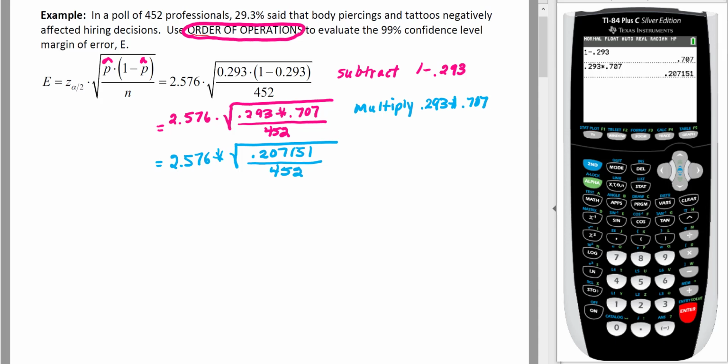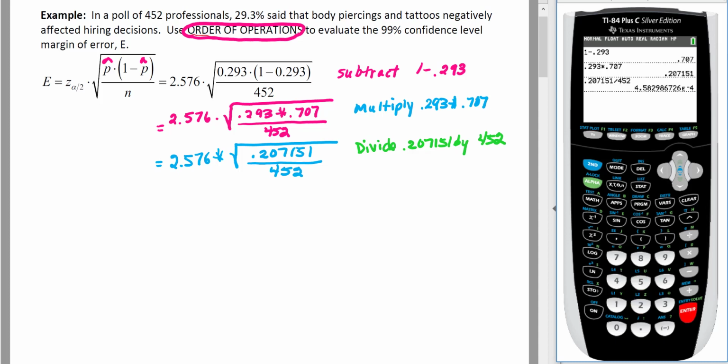Next in our order of operations, we're still in the radical component, so we're going to have to divide 0.207151 by 452. On our calculator, it looks like this: 0.207151 divided by 452.